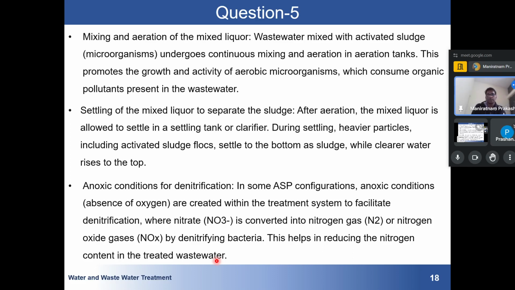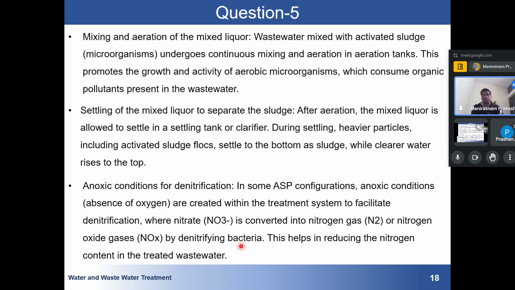Because if I throw too much nitrogen into water or land, it will cause eutrophication in the lake or river body. I think you are aware of the term eutrophication of the lake. Eutrophication means growth of algae, and that algae consume nitrogen.